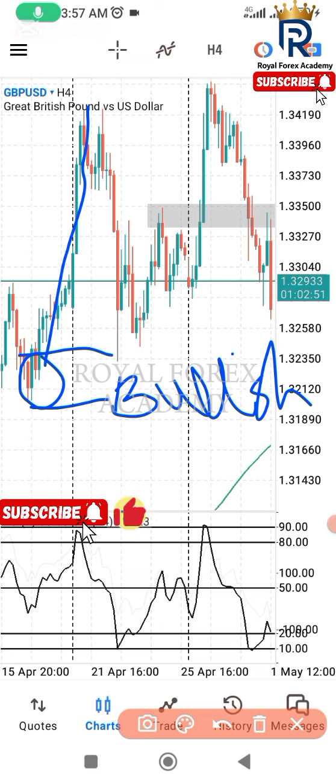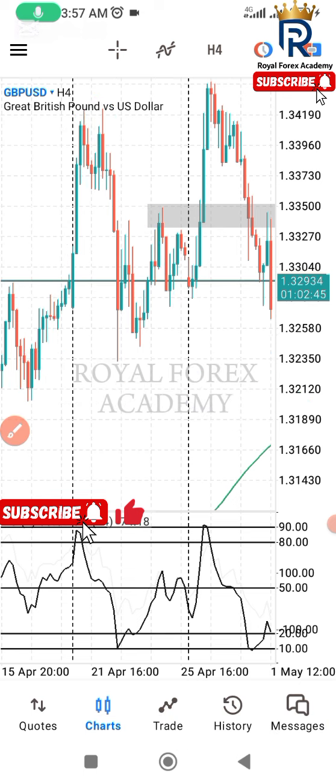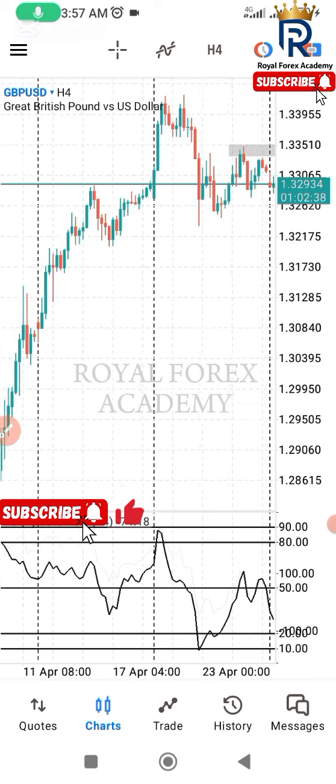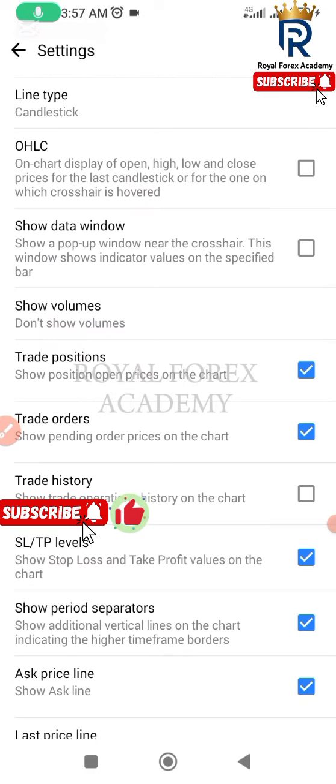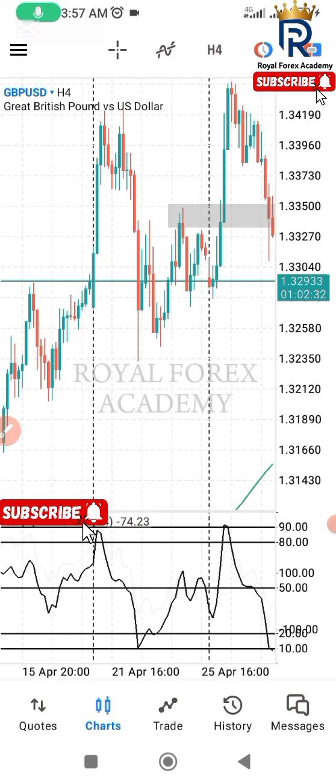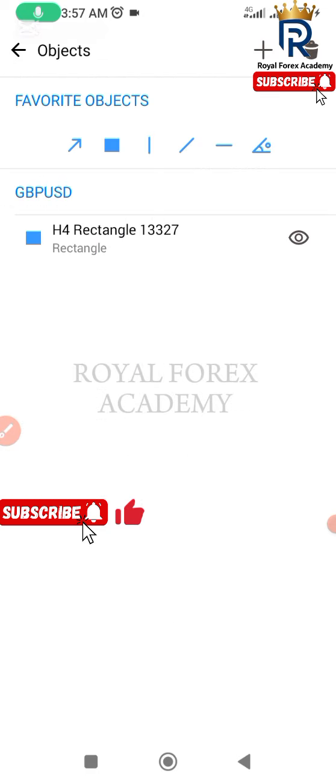And again, price reverses from here and came to the downside. So regardless, a bullish order block is the last bearish candle before an up movement. The last candle before the price moves to the upside is what we refer to as a bullish order block.